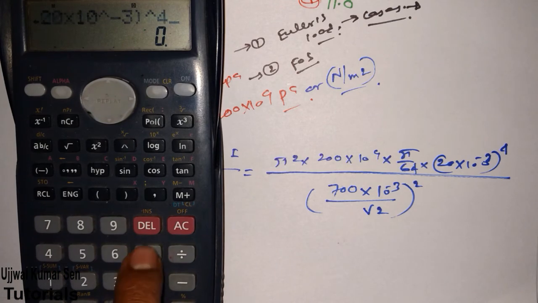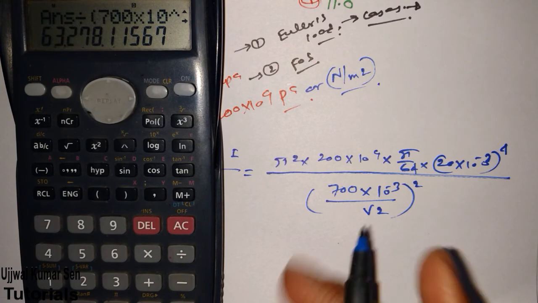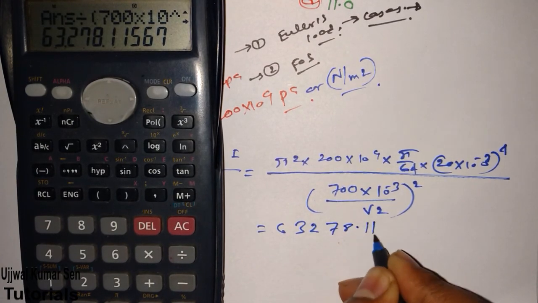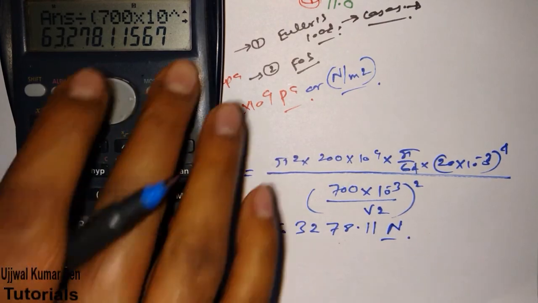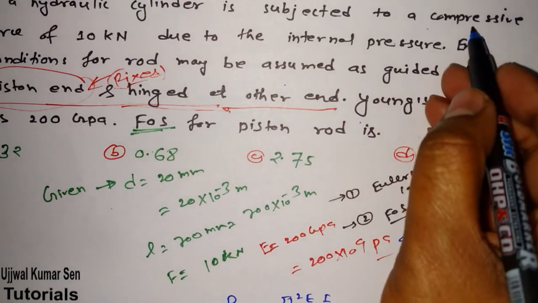This will go upside, so multiplied by 2, divided by 700 multiplied by 10 to the power minus 3, whole square. So how much are we getting exactly? 63,278.11 Newton.